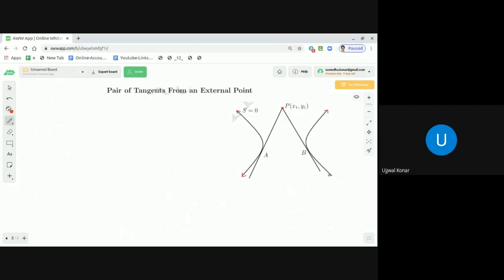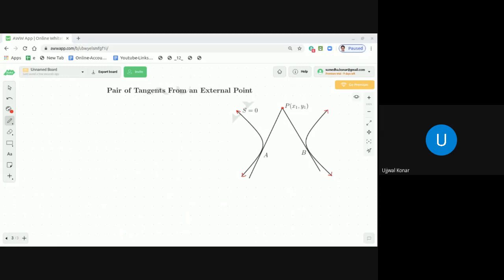So from that external point P, you are able to draw two tangents. One is PA and the other one is PB. So what we are going to do is find the equation of these two tangents PA and PB. Moreover, we are going to see how we can jointly represent these two tangents, and that becomes a pair of straight lines.